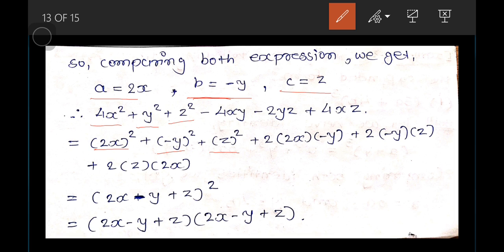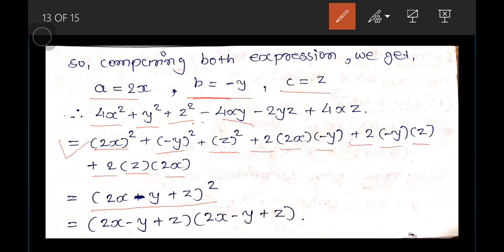We write the remaining terms as plus 2 into 2x and minus y, plus 2 into minus y and z, plus 2 into z and 2x. This is similar to identity number 5, so we factorize the given polynomial as a plus b plus c all square, that is, in the bracket 2x minus y plus z, all square.